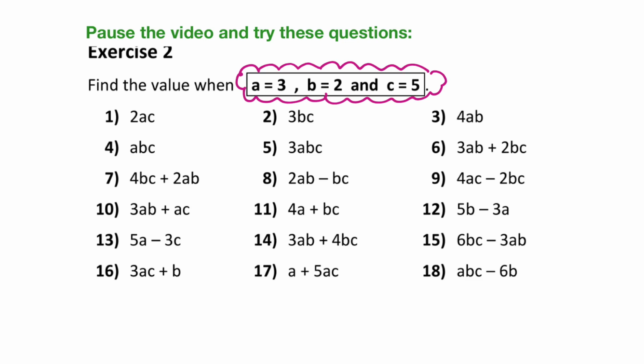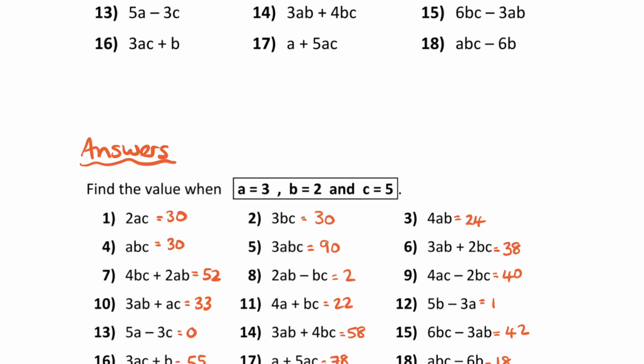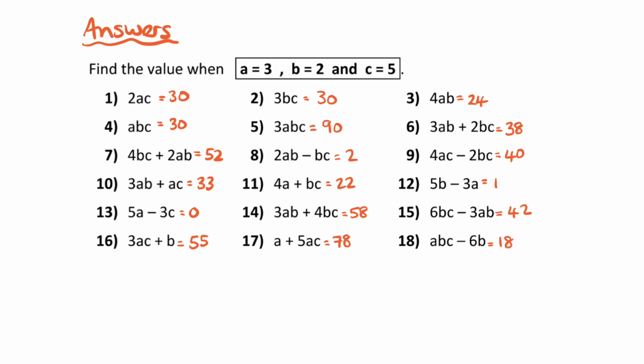Okay, so pause the video and try those. Remember, if you're stuck, nip back into the lesson or ask an adult who's nearby. And here are the answers. If any of those surprise you or you're not sure where we got them from, then please just ask.